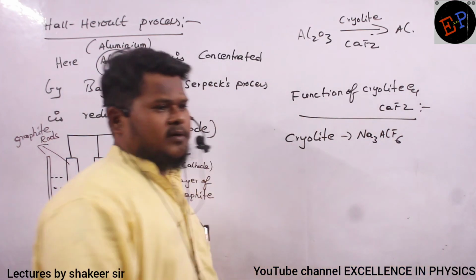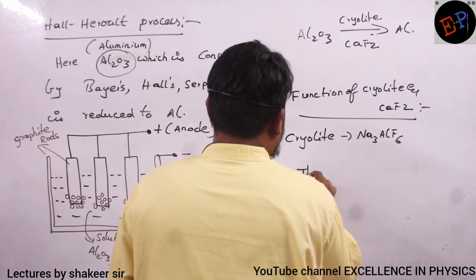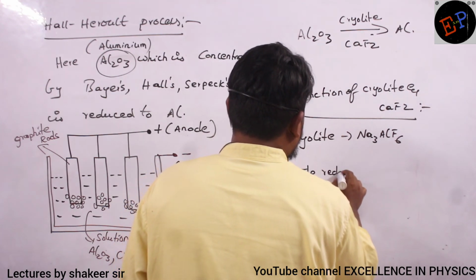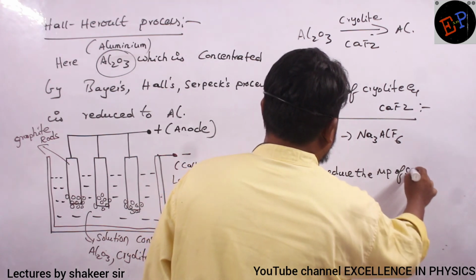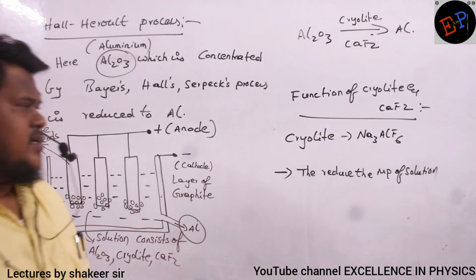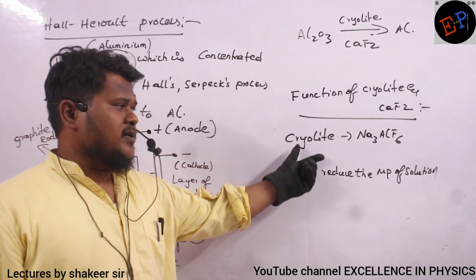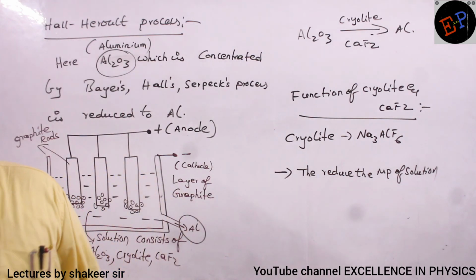The molecular formula of cryolite is Na3AlF6. So what is the function? The first function is that they reduce the melting point of the solution, or you can say of Al2O3. The melting point of the solution is reduced.